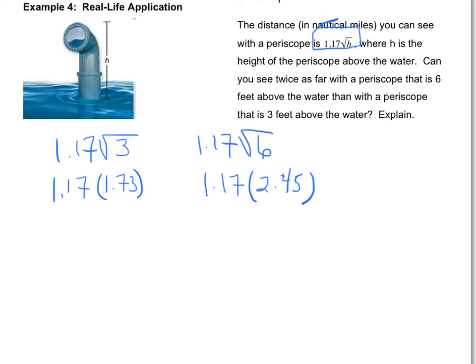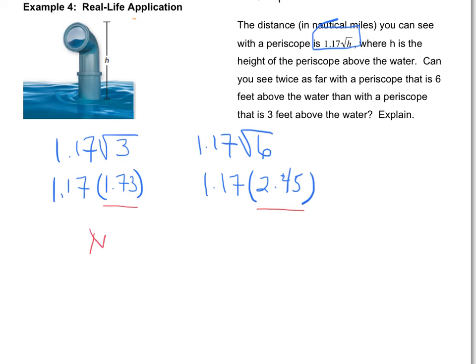So while 6 and 3 are twice, 6 is twice 3. When we do the square root of 3 and the square root of 6, you can clearly see here that they are not twice. 1.73 times 2 is going to be much bigger than 2.45. So because we are multiplying the 1.17 on both, we don't even really need to multiply this out.